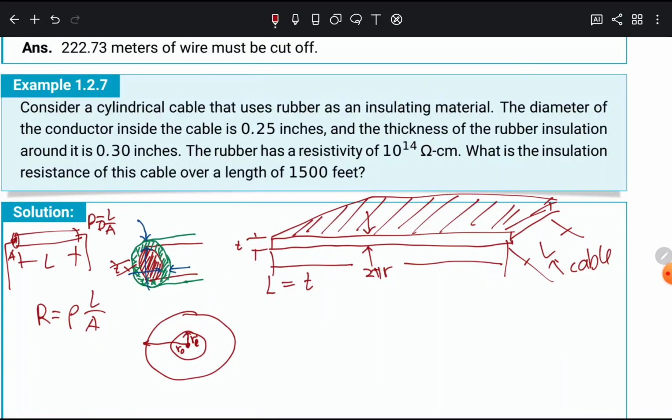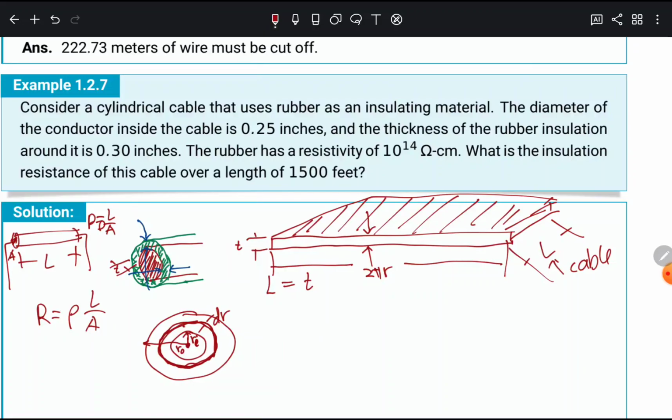So when we solve for the circumference, what we did from our previous example is we get a very small strip here. It's a very small strip, and we solve for the resistance of that because it's very small. The thickness of this one, we can just call it dt or dr, because this is with respect to r.